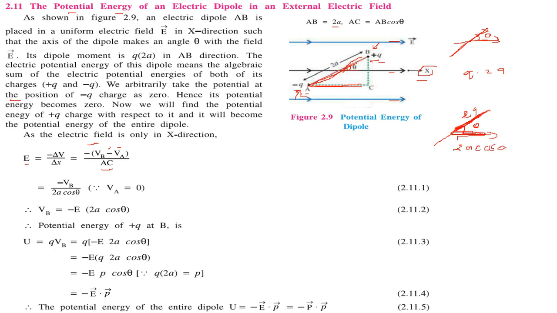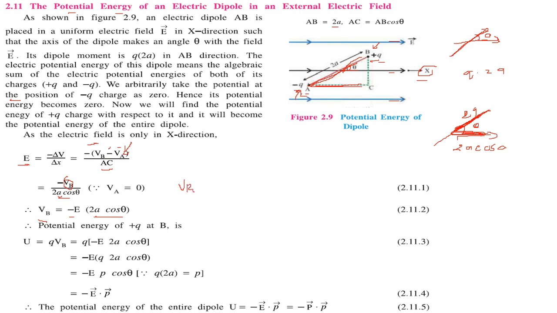This distance we have to take between minus Q and plus Q because we need to take this in the direction of E. So we will take AC as 2A cos theta, and we have arbitrarily assumed that VA is 0. So this becomes only VB by 2A cos theta. So what will be VB? Just take this on this side. So VB becomes minus E into 2A cos theta. This is the potential VB.